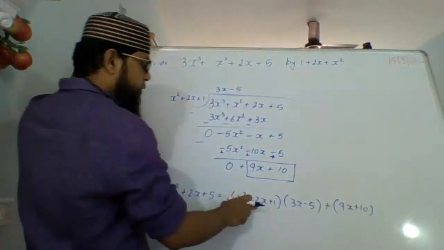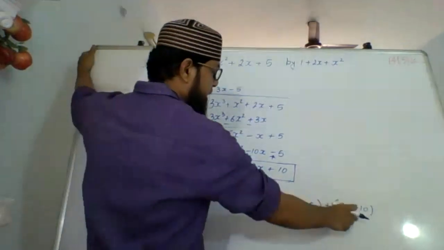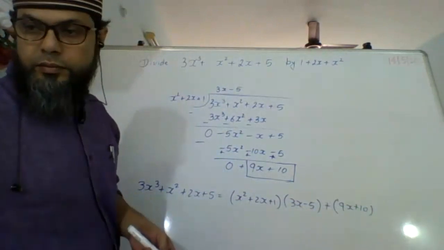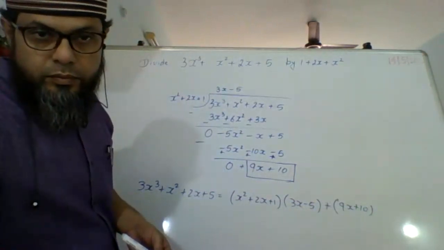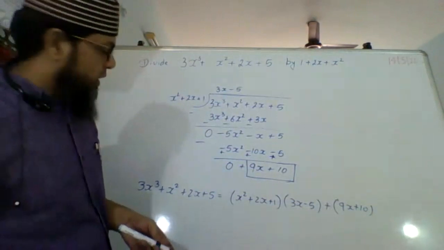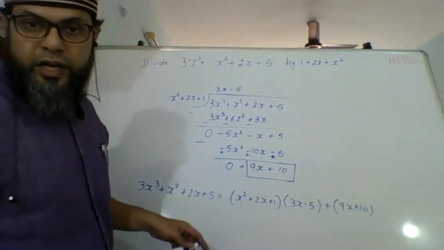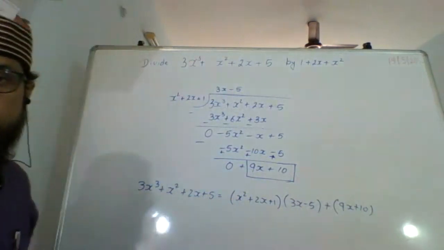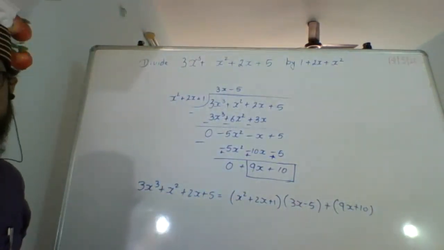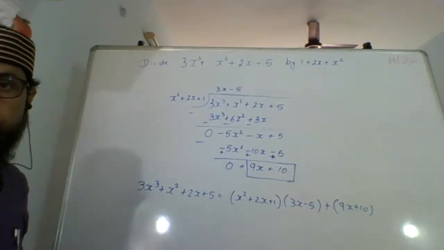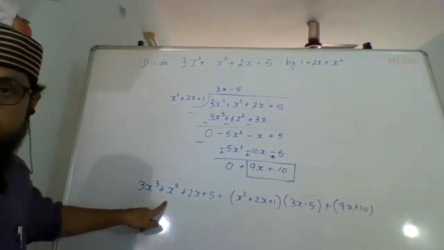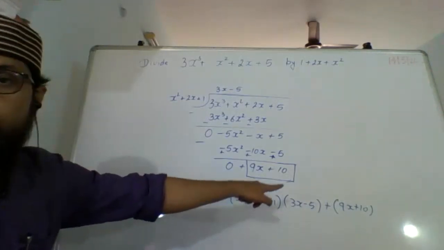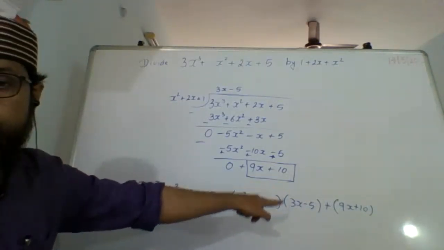Dividend equals divisor into quotient plus remainder. So by doing division, we get dividend equals divisor into quotient plus remainder.